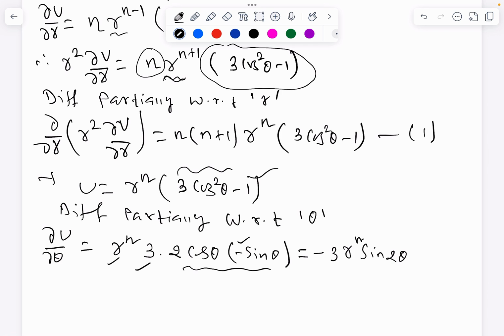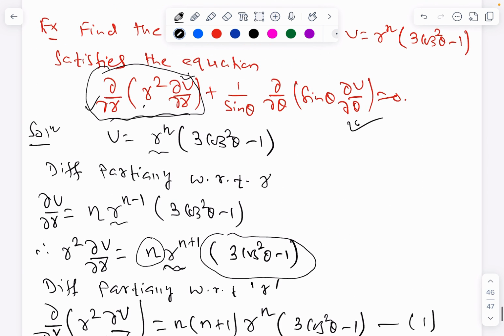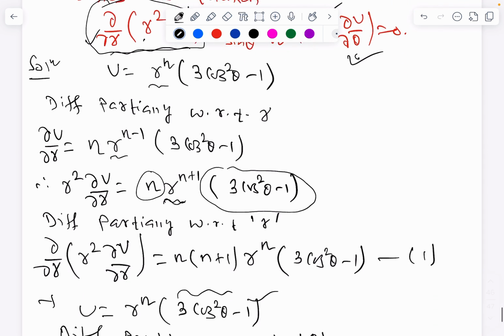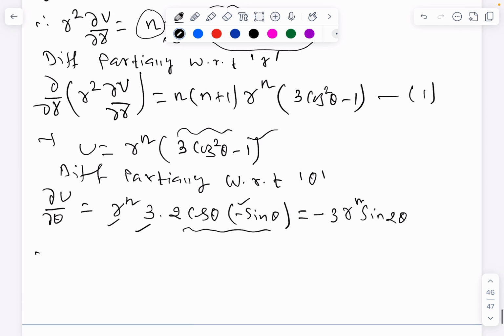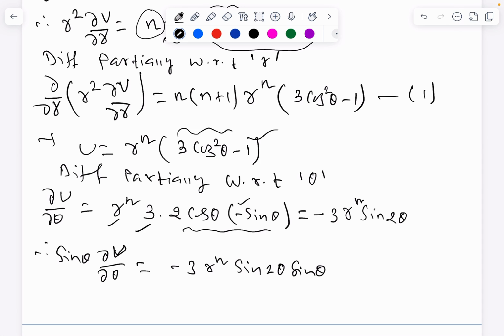So this is minus 3 r power n sine 2 theta. Now we multiply with sine theta. So therefore, sine theta del u by del theta minus 3 r power n sine 2 theta sine theta.